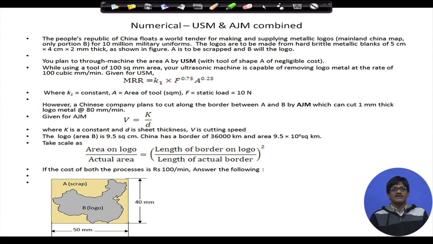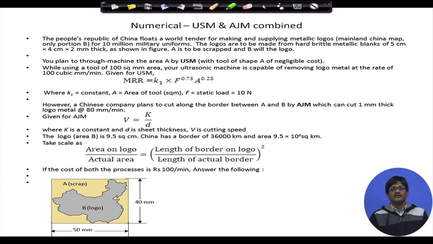The relation is given as V is equal to K by D, where K is a constant, D is the sheet thickness and V is the cutting speed. The logo of area B is 9.5 square centimeters, and China has a border of 36000 kilometers and an area of 9.5 into 10 to the power 6 square kilometers.